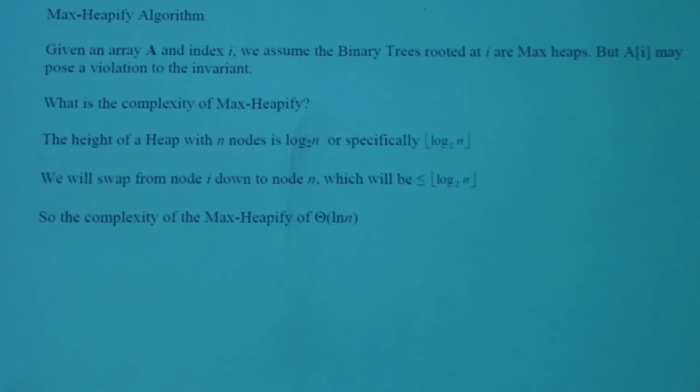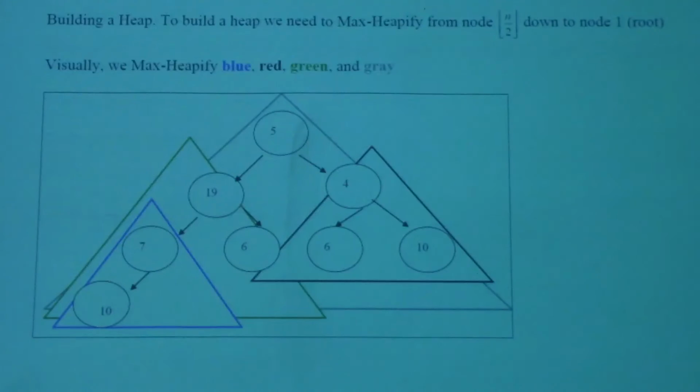We assume that the subheaps are proper heaps, but we may have a violation at I. So we're going to compute the index of the maximum parent. What is the maximum index of a parent? 2? No. 19?